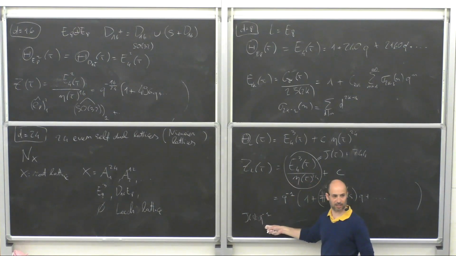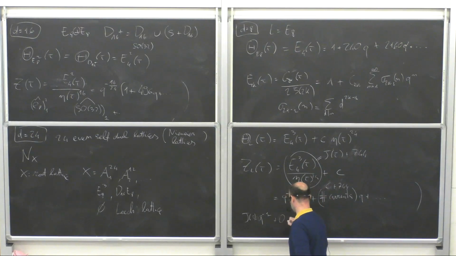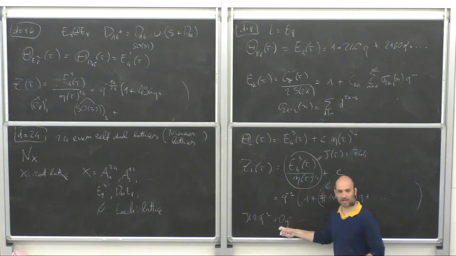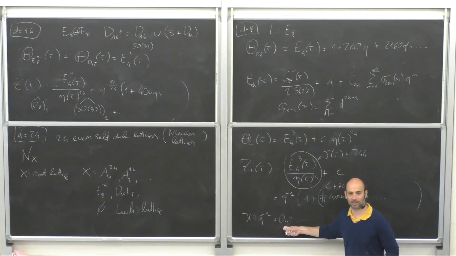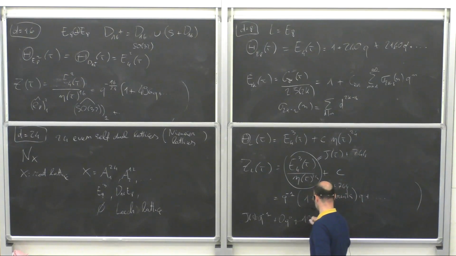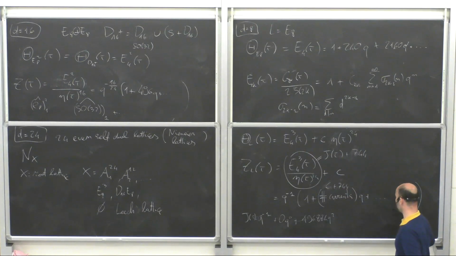This we know comes from the vacuum. Then we have 0, q to the 0, and this counts the number of currents in your CFT. And then you had the 196,884 q square, and this is common to all these guys, actually. They all have the 196,884 q square because the guys differ only by the constant term.